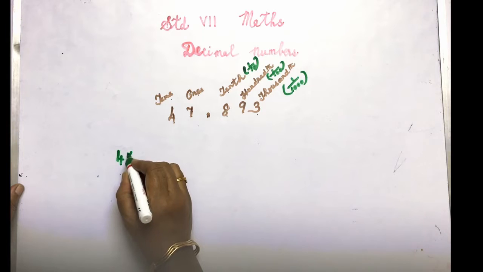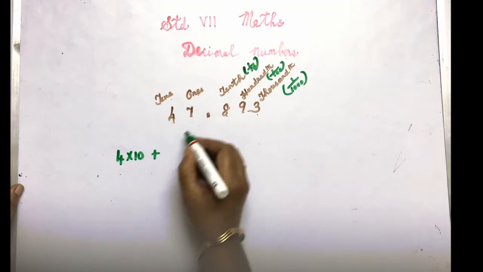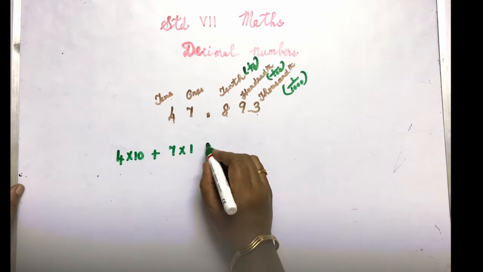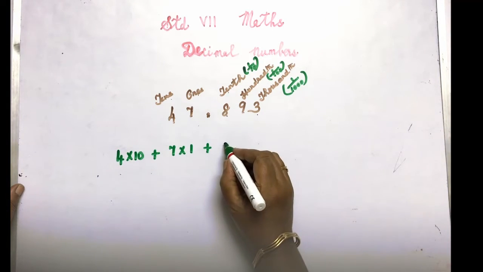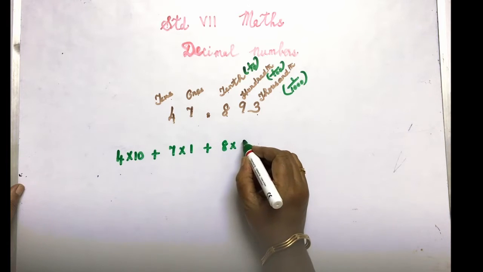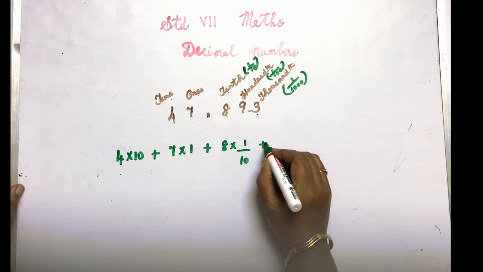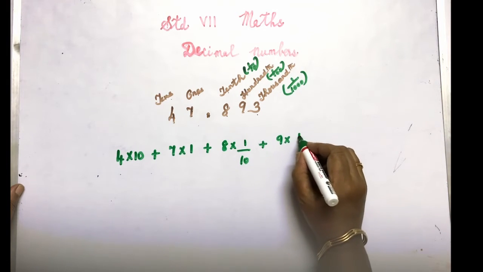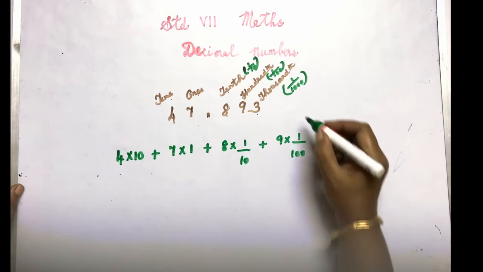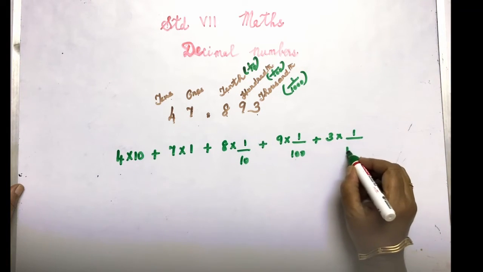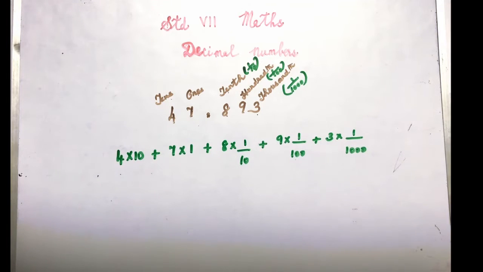So 4 into 10 plus 7 ones, so 7 into 1 plus 8 into the place value, tenth place, so it is 1 by 10, plus 9 into 1 by 100, hundredth place, plus 3 into 1 by 1000. So this is the expanded form.